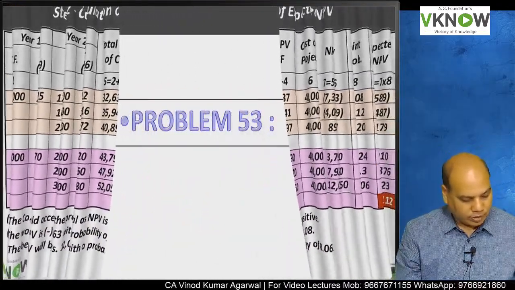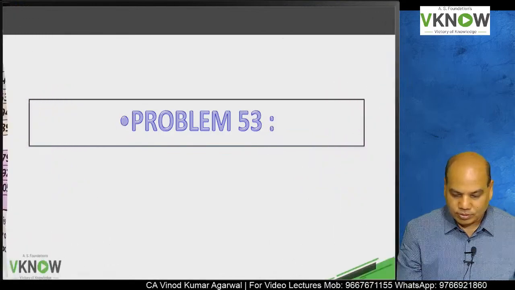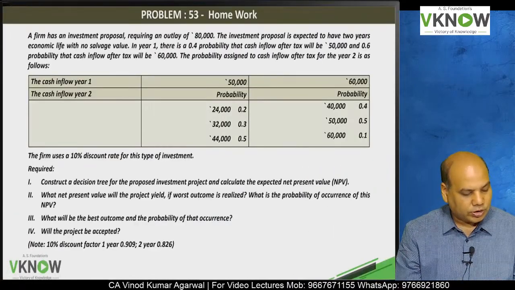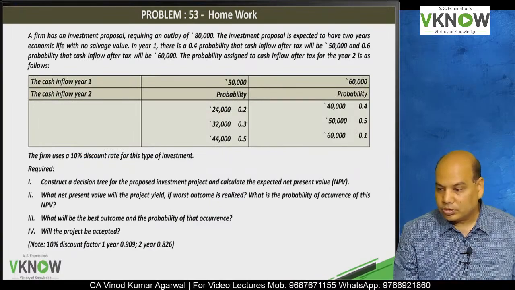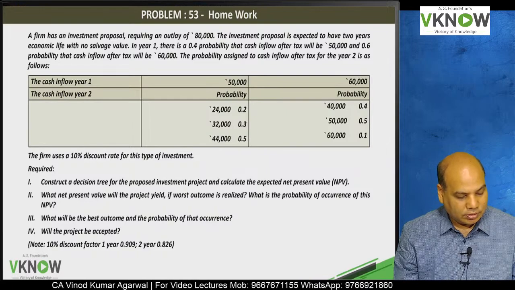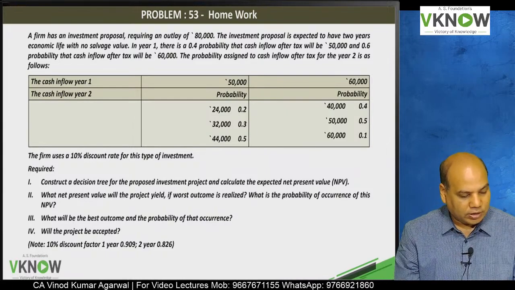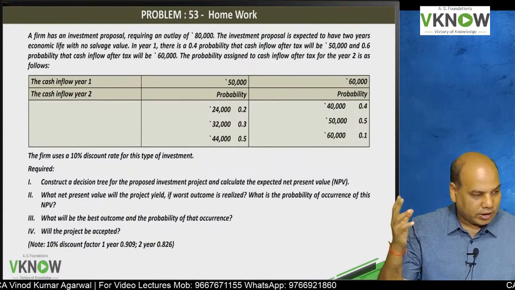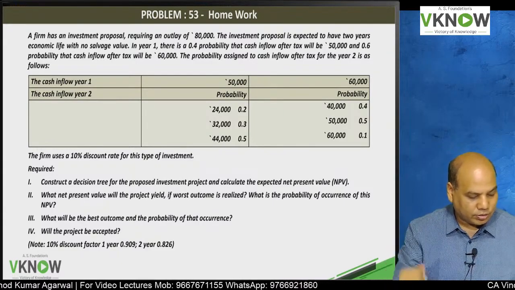Next question number 53. Write down homework. Question 53 homework. Same question. Can you just read below? Can you read the question and you will find they have, I think, doubled all the numbers. All numbers they have multiplied by 2. See the creativity of your great institute.